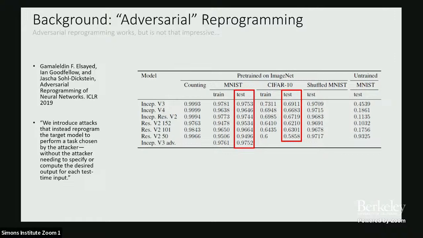In the first paper, published in 2017, they show some work reprogramming the ImageNet model to do MNIST or CIFAR-10 classification problems. But if you look closely, they only get mediocre accuracy. So there's nothing interesting to explore other than that you can successfully reprogram a model to do something else.